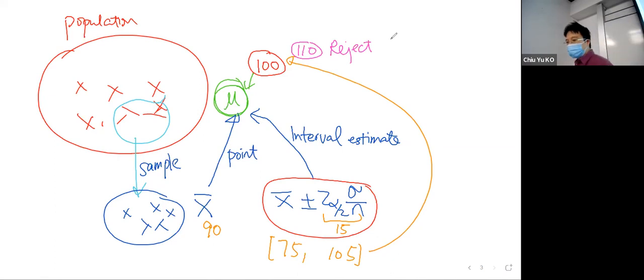But in hypothesis testing, if what we think it should be is not within what we guess, then we think our original hypothesis is probably wrong. Suppose 100 is within what we guess, we're fine, but if it's far away from that, no. So that will be the goal of the next three classes.